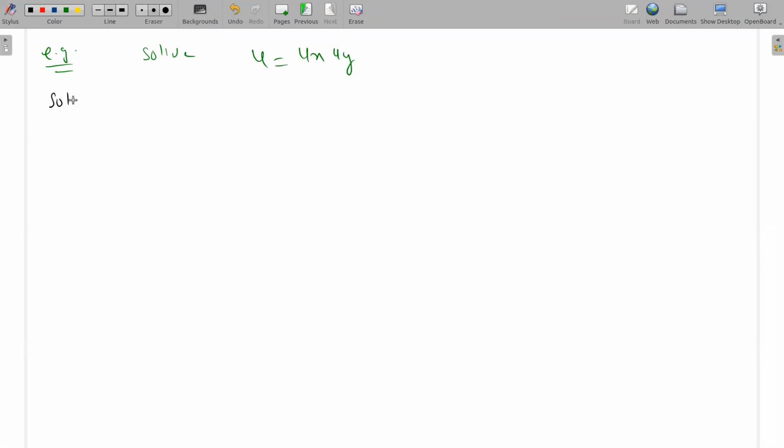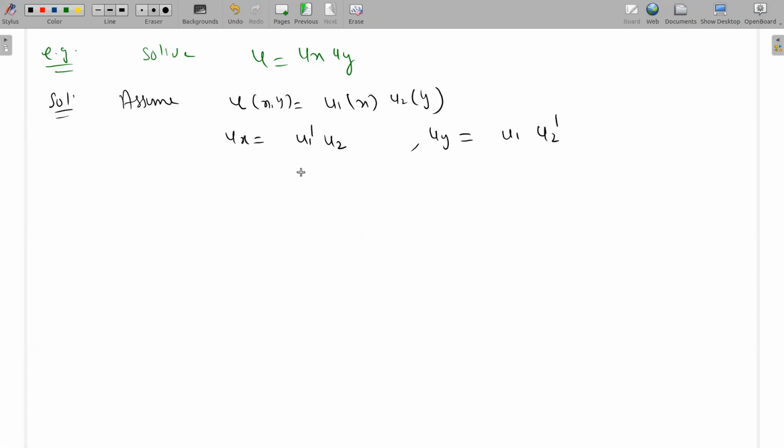Here there is multiplication, so assume u equals u1(x) u2(y) in multiplication. Everything else is the same. Find ux, which is u1 dash u2 as it is; find uy, u1 as it is, u2 dash. From the equation, left hand side u1 u2, right hand side u1 dash u2 dash u1 u2.